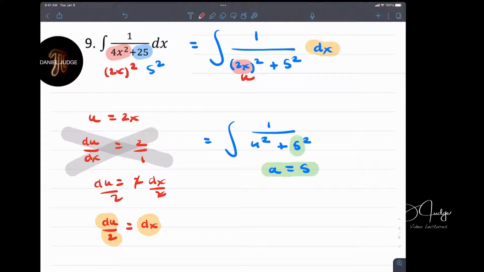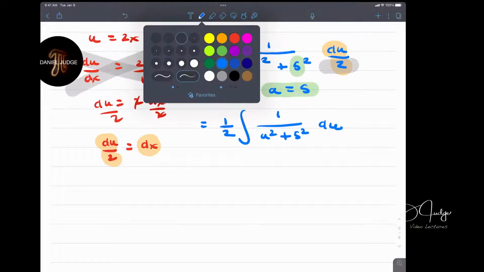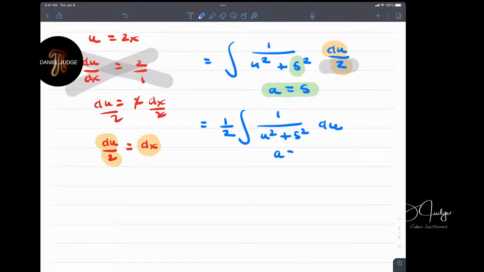And we get to now replace that dx with the du over 2. So you get to pull out the constant of 2. So pulling out that constant now is 1/2, 1 over u squared plus 5 squared du, where that a value is 5.